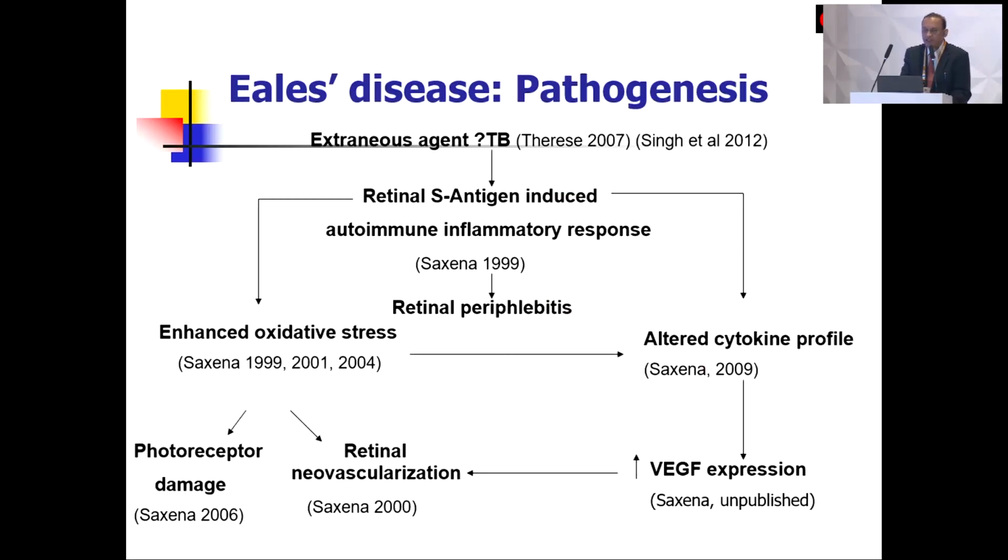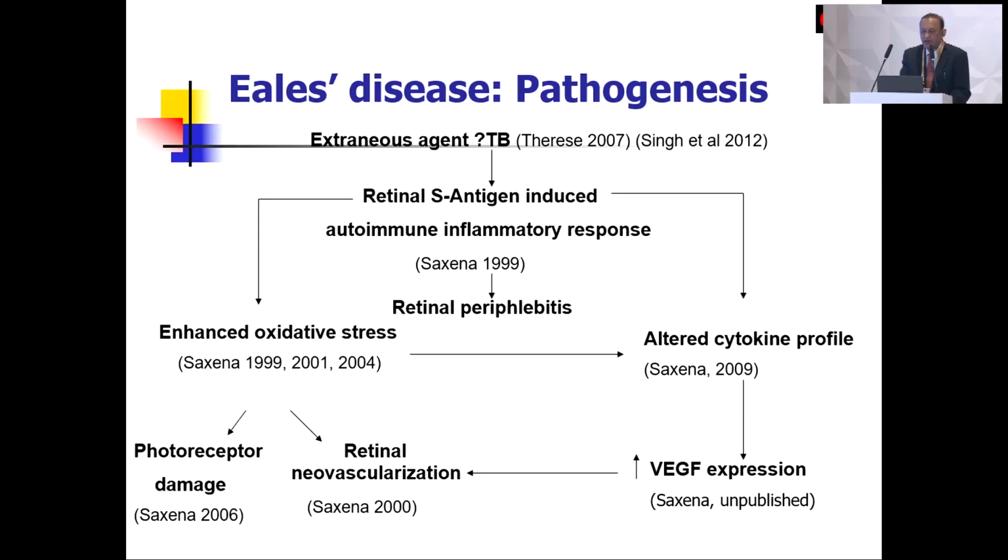We know that a hypersensitivity to an extraneous agent, which might be tuberculosis, causes the release of retinal S antigen from the retina, and this leads to an autoimmune inflammatory response. We had discovered autoimmunity in Eales disease way back in 1999, and this subsequently leads to retinal periphlebitis.